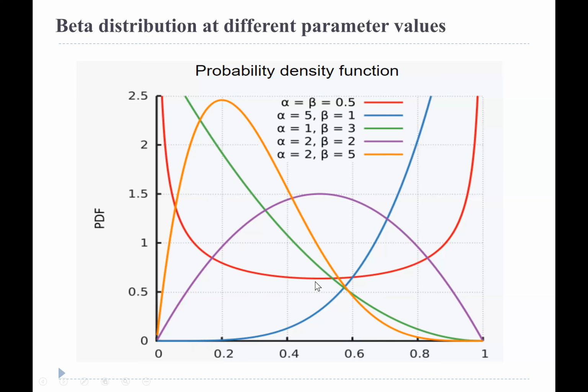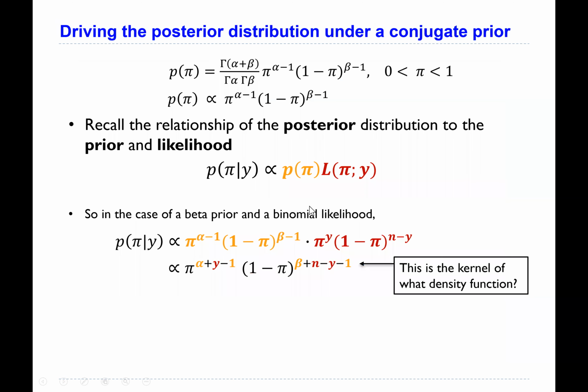If you use the blue one, it means the proportion of students who will quit school is very big, because I gave higher likelihood for these big values and a small likelihood for the small values, and so on. See, so you need to select the ones that match your beliefs or match your previous study. I will show you how to do it.